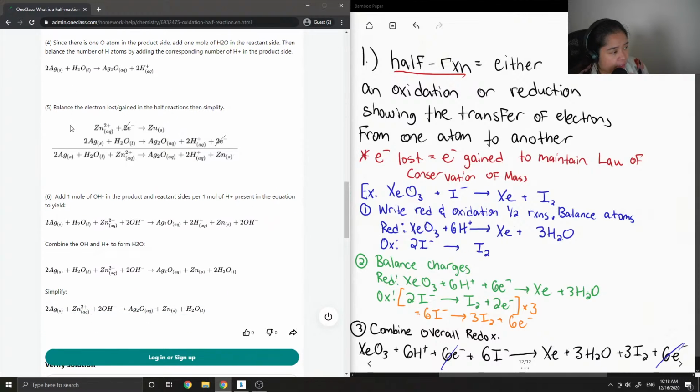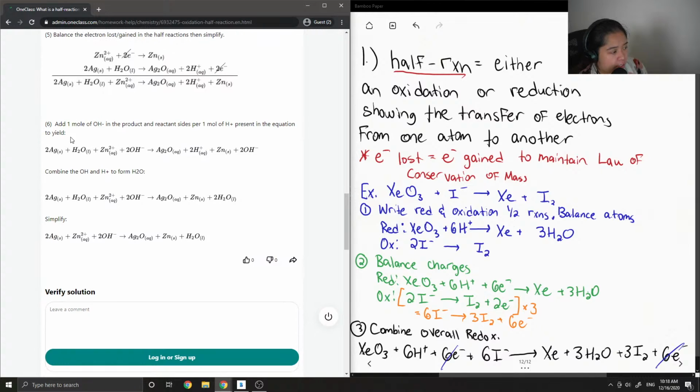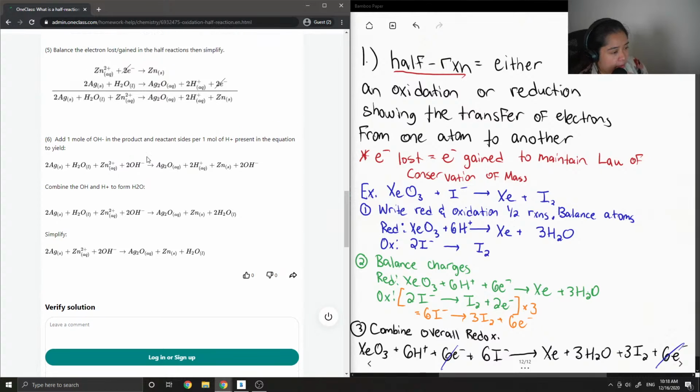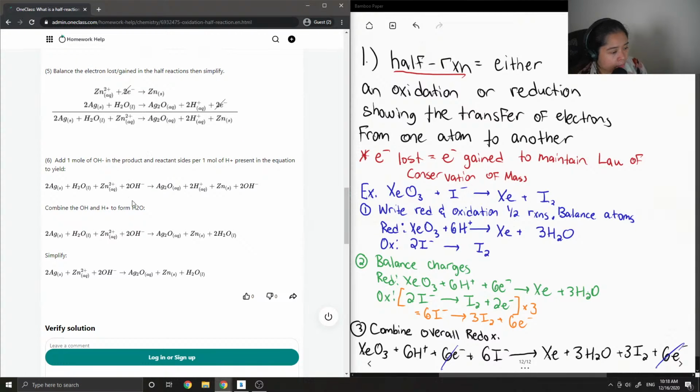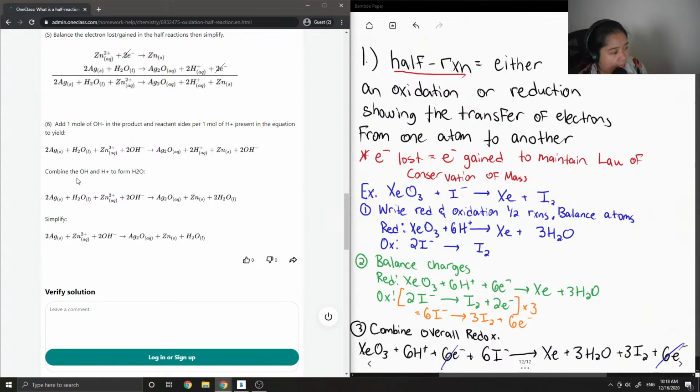And then step 5, balance the electrons lost/gained in the half reactions, then simplify. 6, add 1 mole of OH minus in the product and reactant side per 1 mole of H plus present in the equation to yield. So see here they added OH minus on both sides and H plus as well.